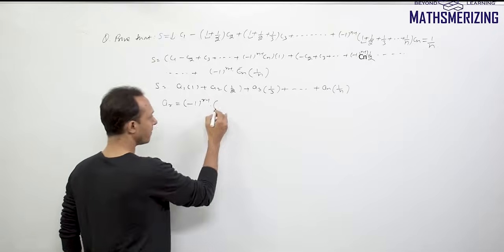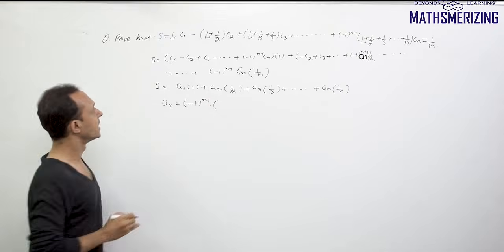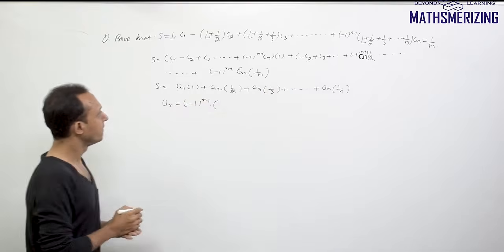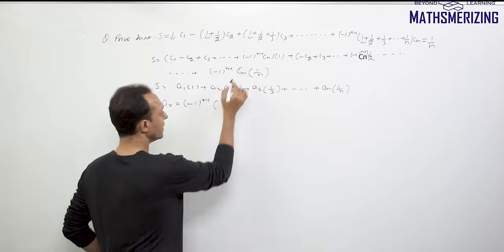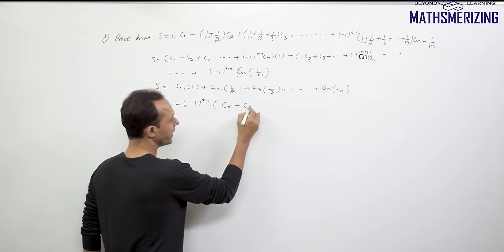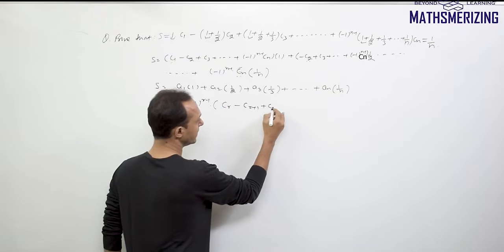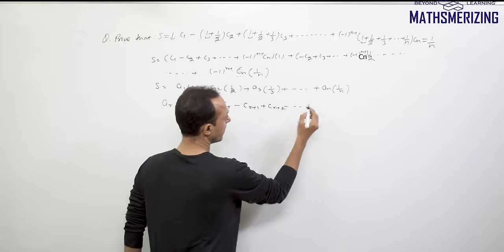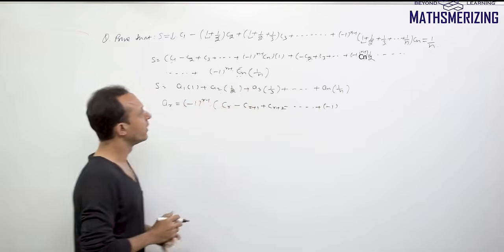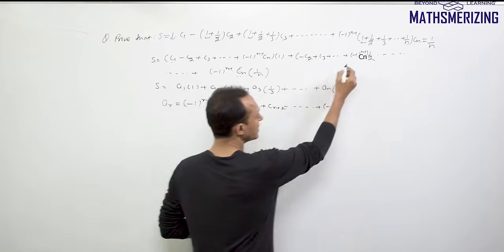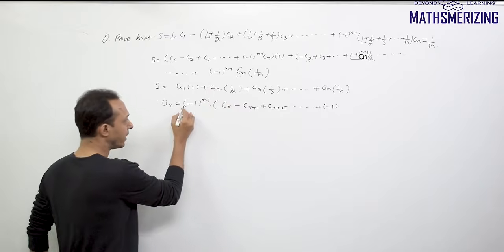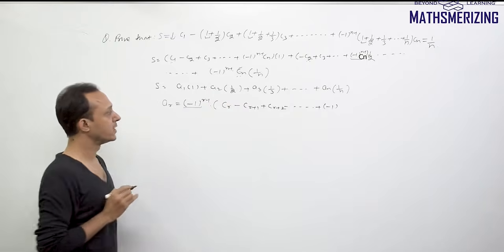Now the first term starts with C1. For the second term, it starts with C2. And for the nth term, it starts with Cn. So this series will start with Cr, and then with alternate plus and minus, these coefficients will increase. And finally, it will be minus 1 to the power n minus 1. But I have already taken minus 1 to the power r minus 1 out.